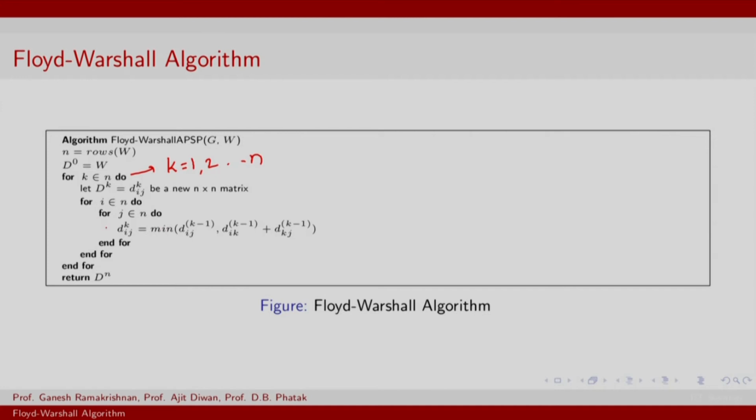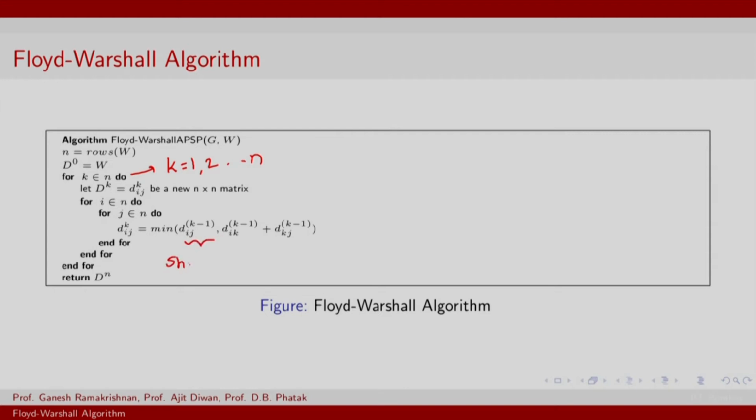And how do you find that? Well, for every node i and every node j, we will let ourselves explore the shortest path from i to j that passes through one or more of the k minus 1 nodes.